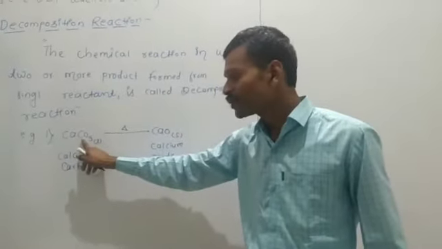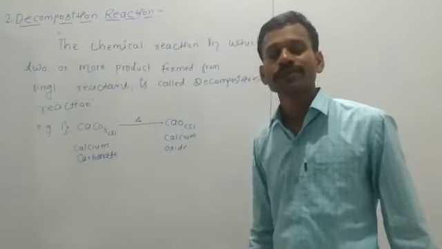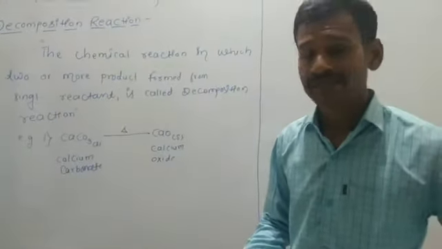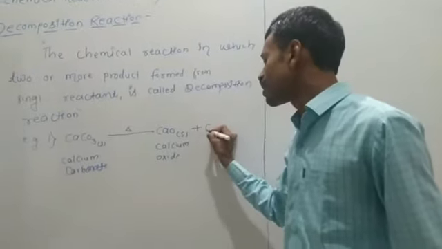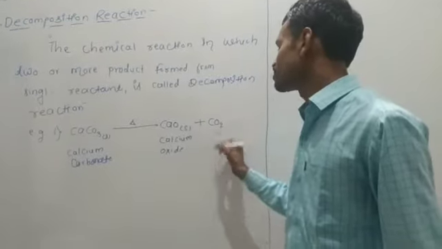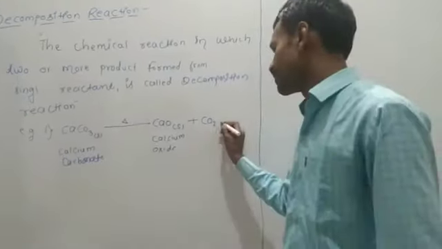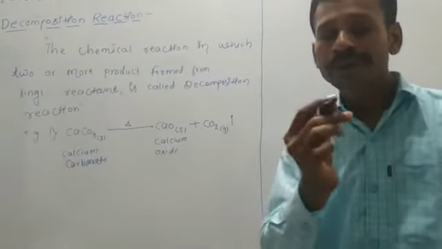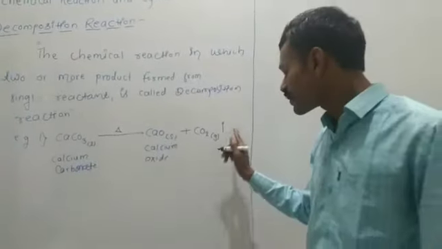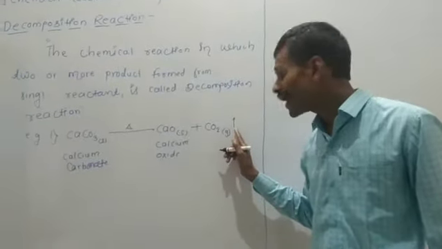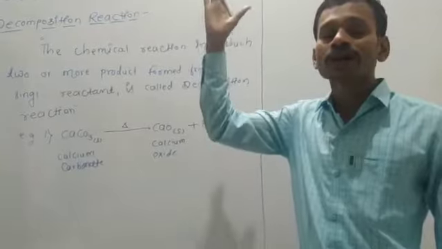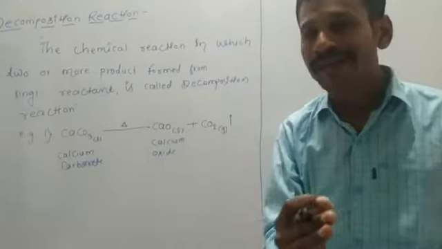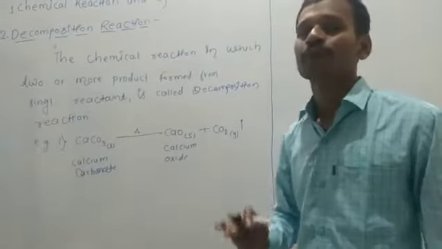In this reaction, one carbon and two oxygen remain, so carbon dioxide gas, CO2, is released. When a gas is released, we always use another arrow, pointing upward.